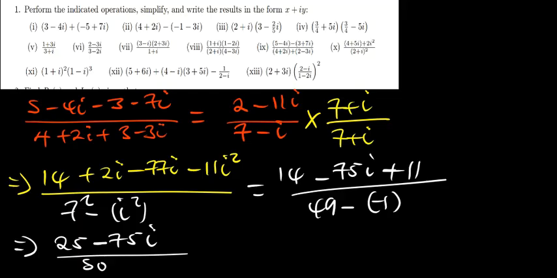Okay, so to make things simple, I can now divide both sides by a number which goes into 25, 75 and 50. So this is the same as 25 divided by 50 minus 75 divided by 50i, like that.